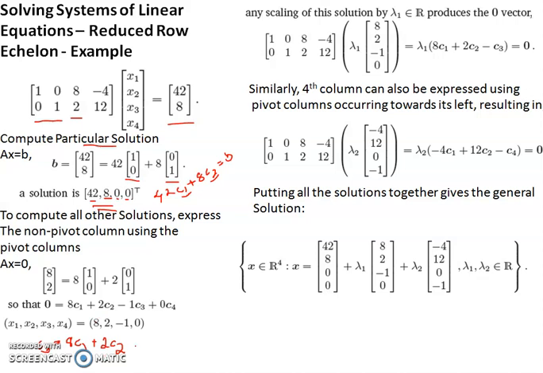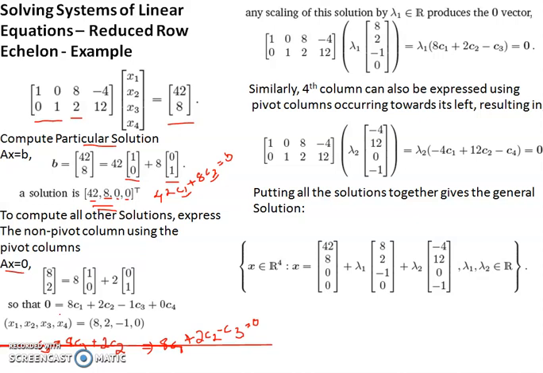So from this we can formulate, which implies, 8 C1 plus 2 C2 minus C3 will be equal to 0, as it is representing an equation of the form Ax is equal to 0.